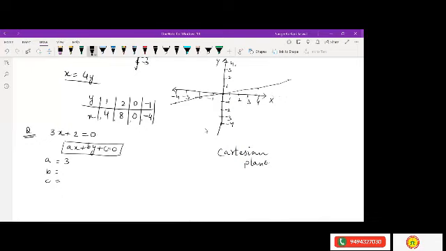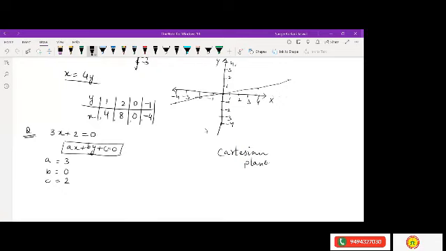Can you see any term with y variable? No, ma'am, you cannot see any y variable. So here there is no b term. So b is 0. And this is some constant term. So constant term is 2.